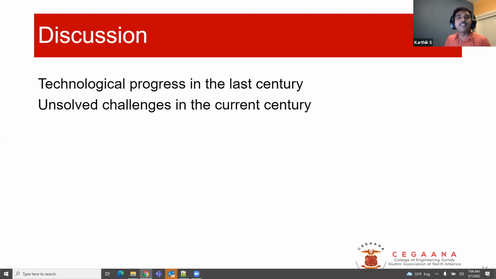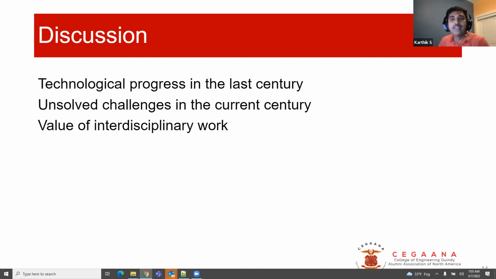As technologists and engineers, it is fun to participate in and try to address many of these. Energy independence, for instance. There are a score of these that require interdisciplinary work.